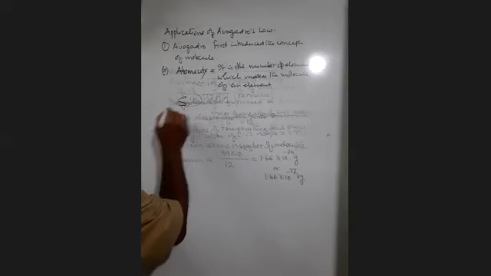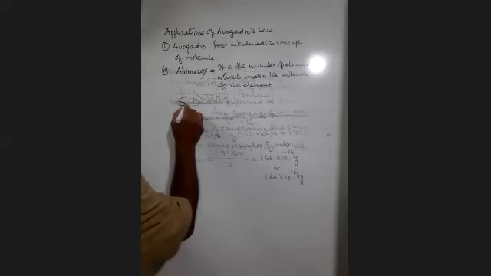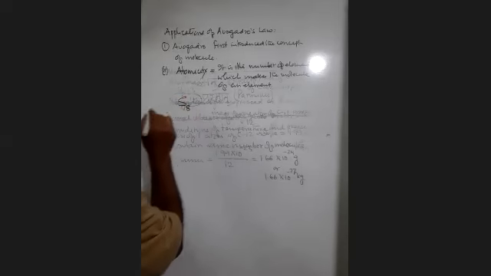So atomicity is 2. You will come across sulfur, which you use, which is pale yellow in color. This molecule is made by 8 sulfur atoms. So what is the atomicity of sulfur? Atomicity of sulfur is 8.